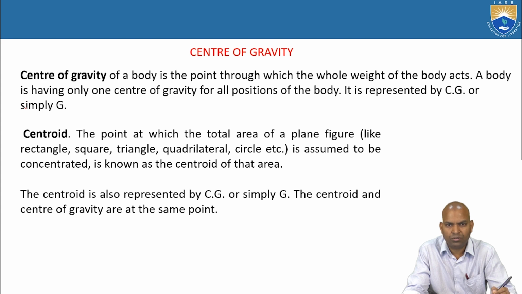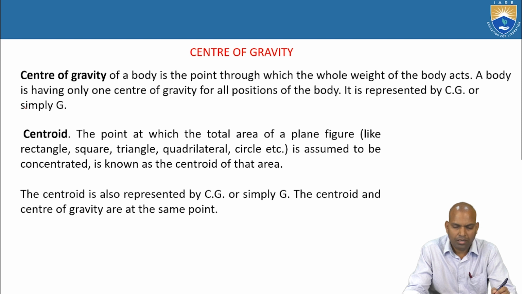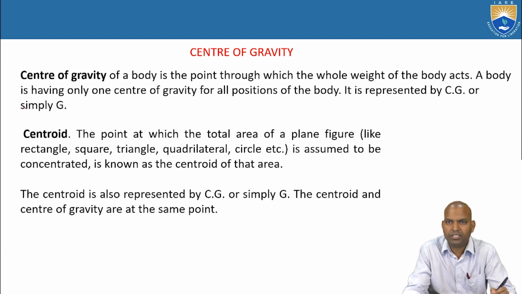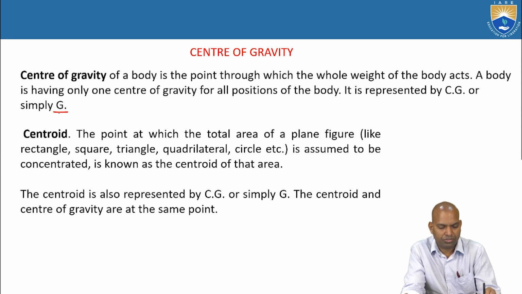That point is known as the center of gravity of the particular body. Each body has only one center of gravity, and it is represented by the letters G or CG.